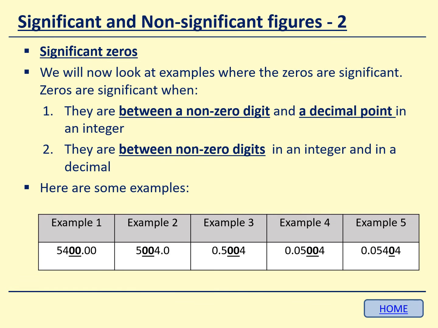Otherwise that number would be 54 and not 5004. So they are significant. Example 3, again, they are placeholders. We need them there, so they are significant. Significant kind of means important. So they're important.